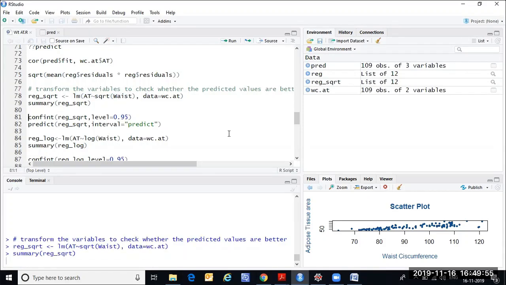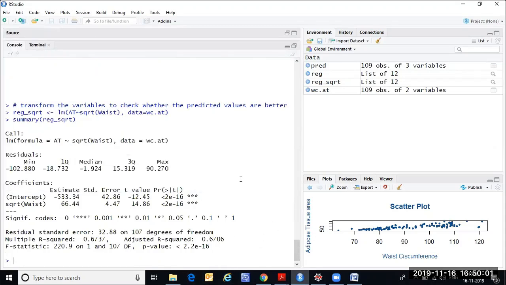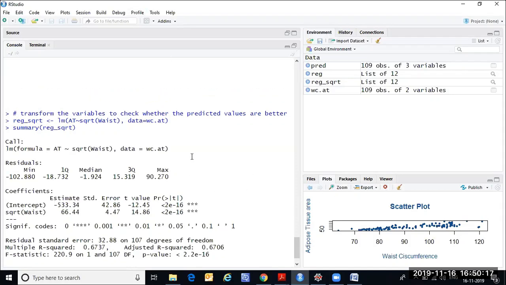Now let's see how the result looks. Do you see any improvement in the accuracy of this model, friends? What is the first thing that we need to check?